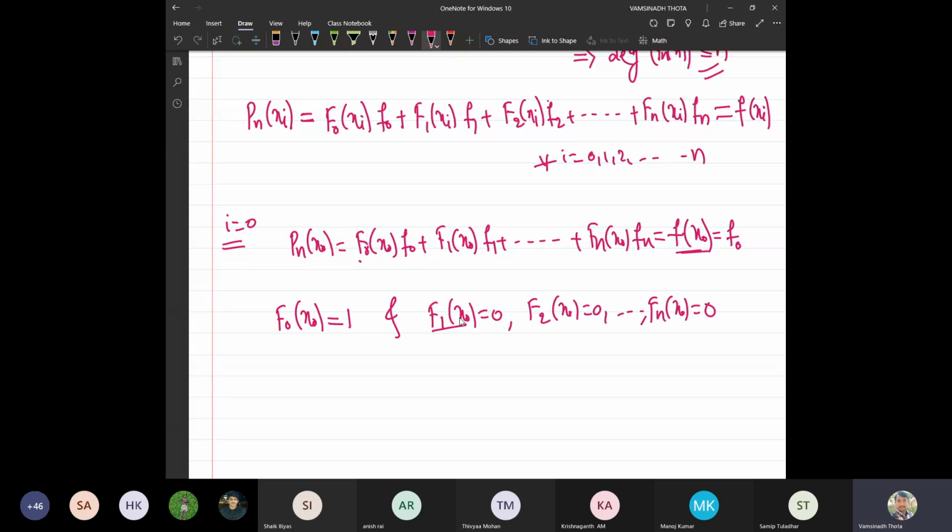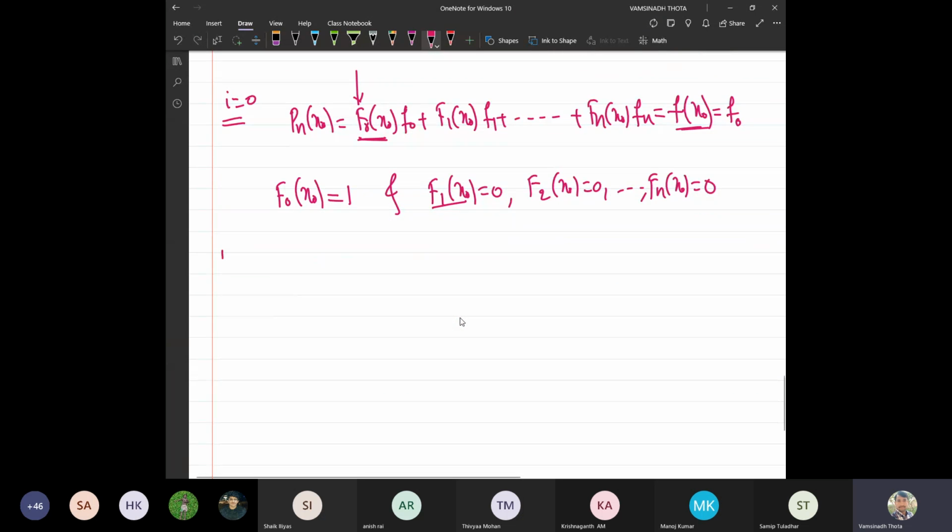But the polynomial F0 at x0 should be equal to 1. Okay, now let us evaluate the i equal to 1 case also.